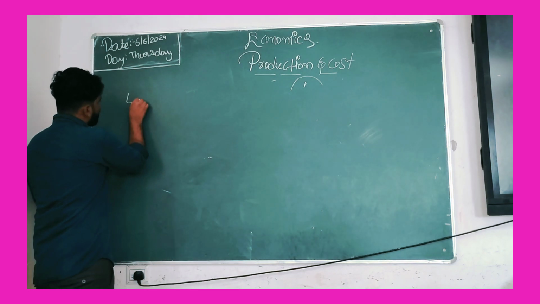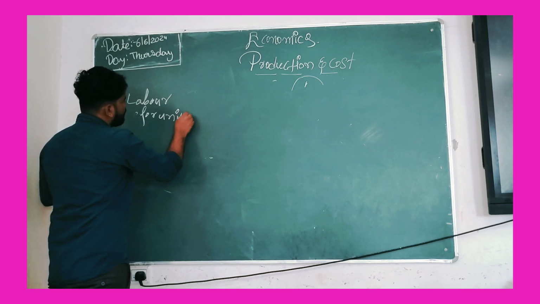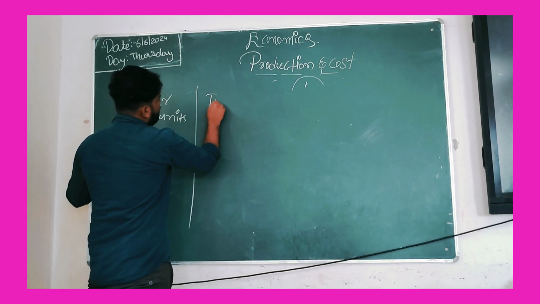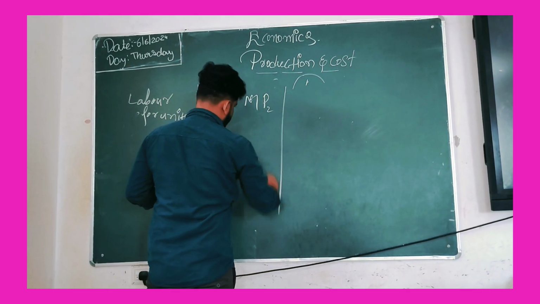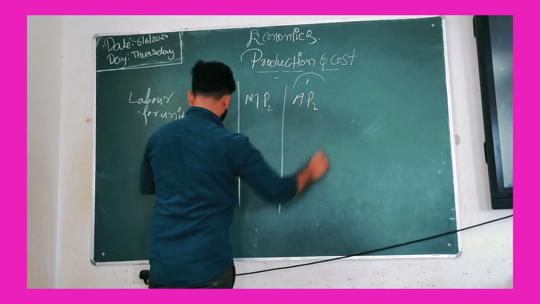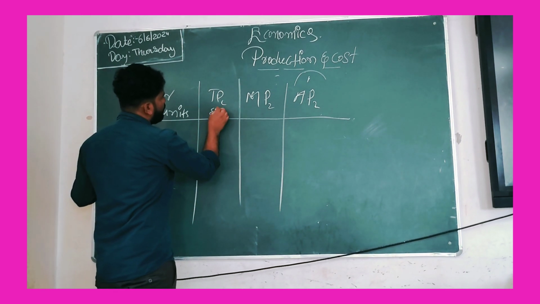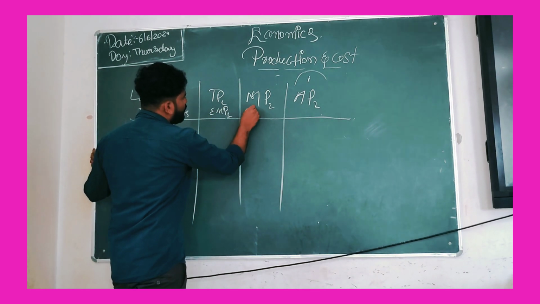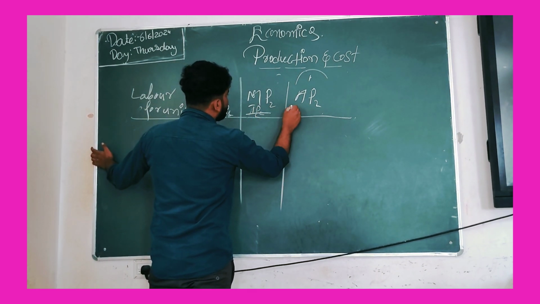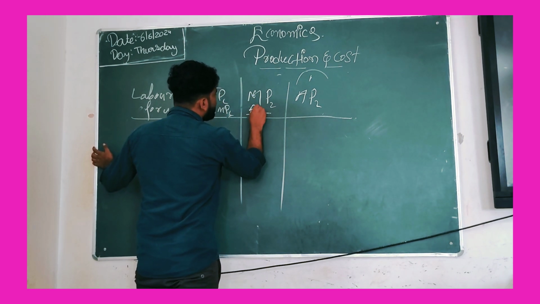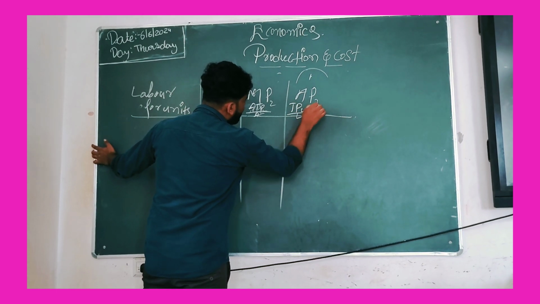Here, labor per unit. Next TP. Next MP, which is delta TPL divided by delta L. Next AP, which is TPL divided by L. This is the formula.